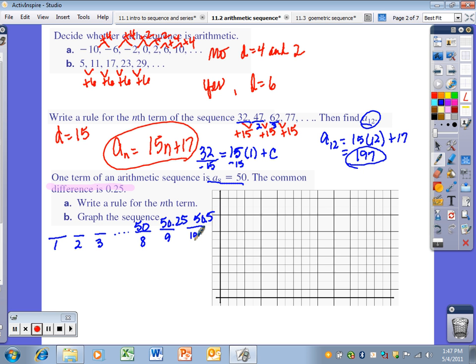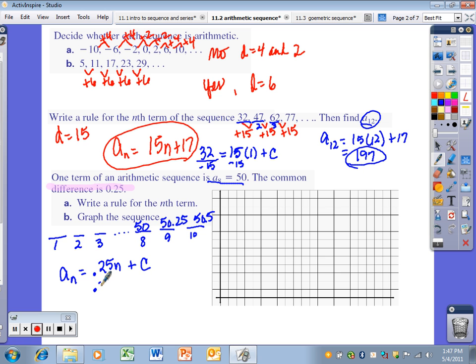So can we write a general rule? Well, I know it is my difference times n. So 0.25n plus what? Question mark, or let's say c, some constant, gives me my term. I didn't have the first one, but I have the 8th one.